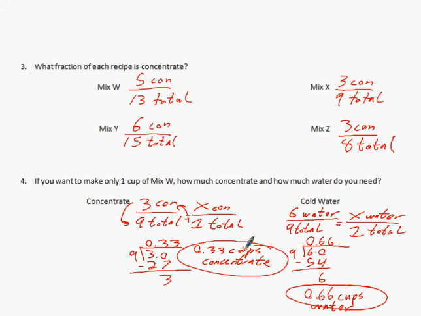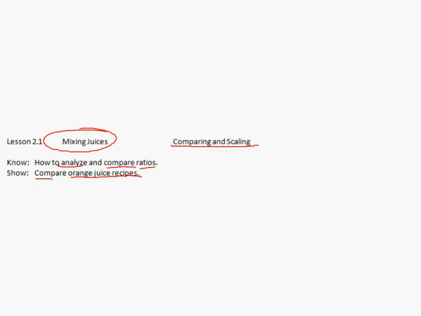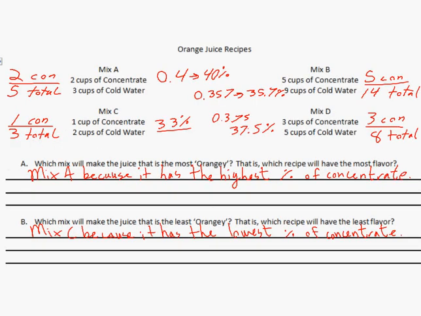Alright, let's go back over the worksheet, make sure we've answered everything completely. Okay, this was lesson 2.1, mixing juices out of comparing and scaling. We want to know how to analyze and compare ratios. So to show that, we are comparing orange juice recipes. We calculated the most orangey and the least orangey.